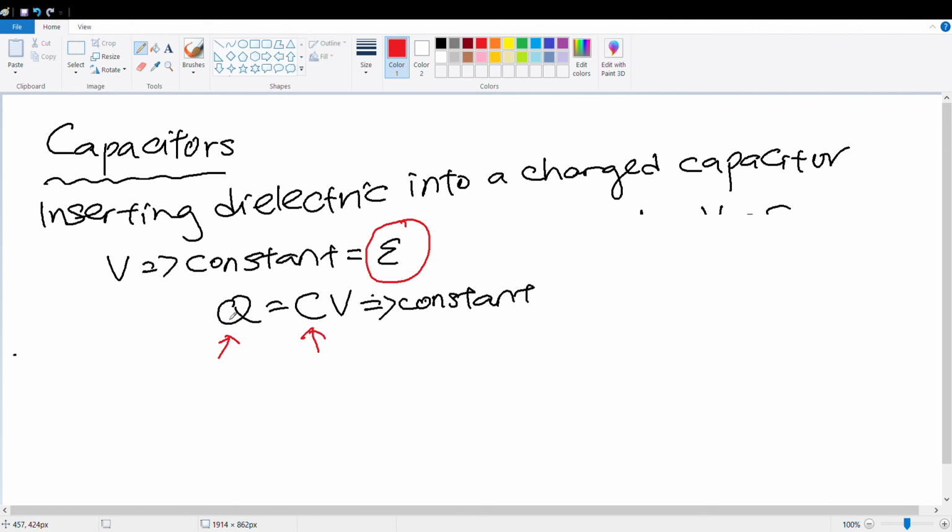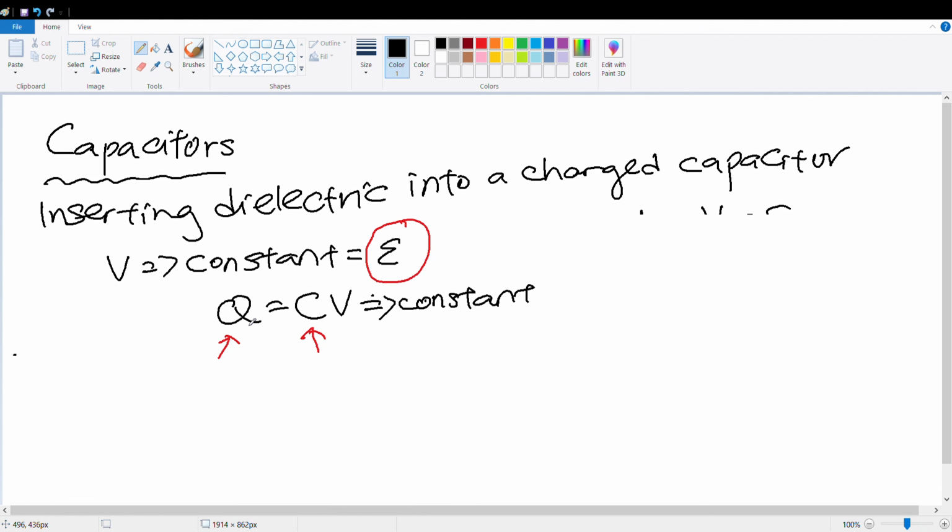The Q is varying because the battery is charging the capacitor. Hence the magnitude of the electrical charges on the surface of the two plates will increase. As for the increase in capacitance, it is due to the dielectric being inserted between the two plates.